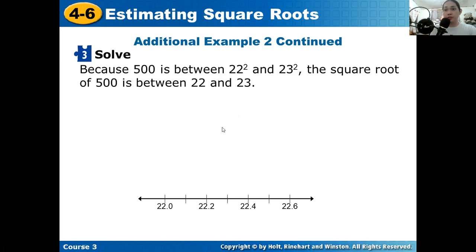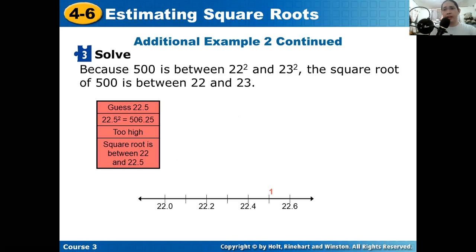So now let's try to use the number line. Let's guess, what if we use the value 22.5? If we square it, 22.5 squared gives us 506.25, which is too high.